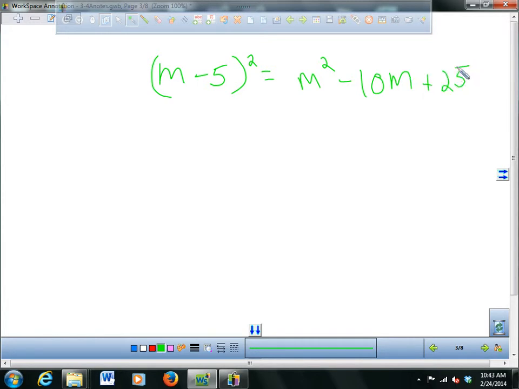Exactly. Can you tell us how you got that? I just did the formula. Okay? So it's just this term squared, this times this twice, which is minus 10m, and this squared, which is plus 25.